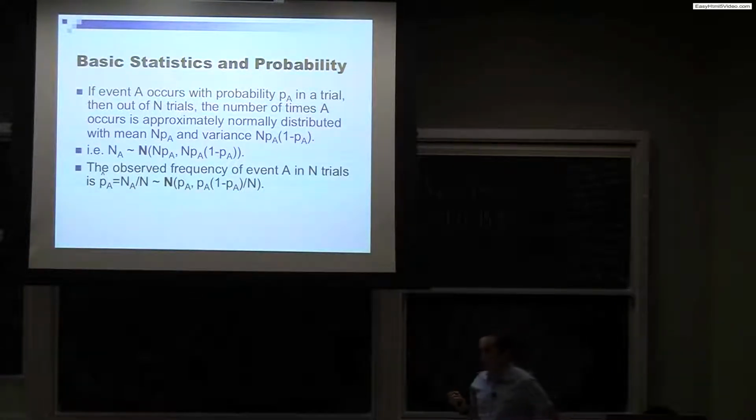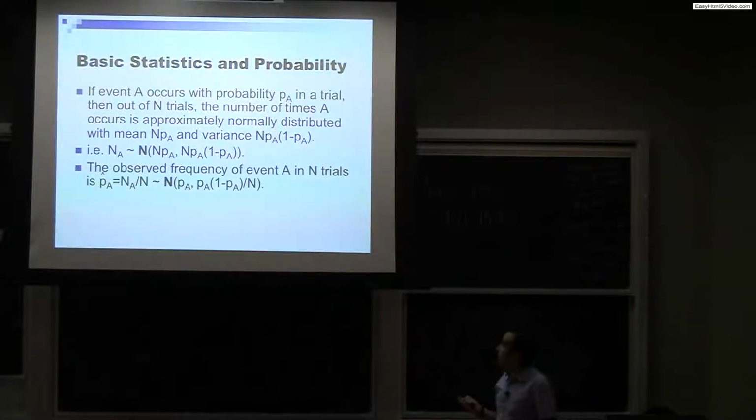this is actually one slide from last class. This is basically just a review of the binomial distribution. So if you have an event A that occurs with probability PA, and you're going to repeatedly do n trials, each trial, the probability of event A is PA.